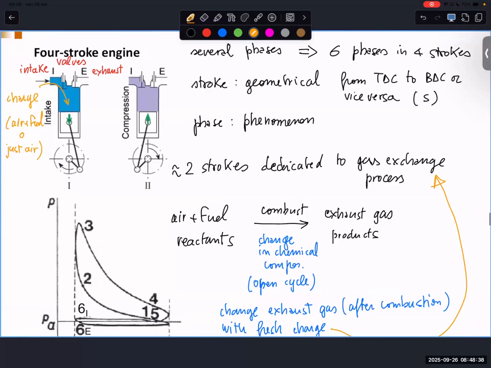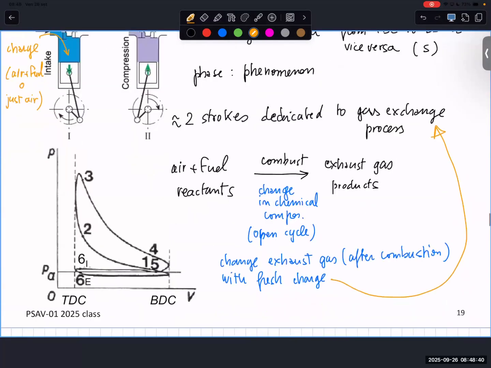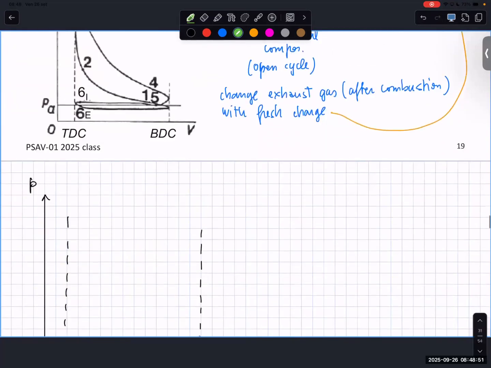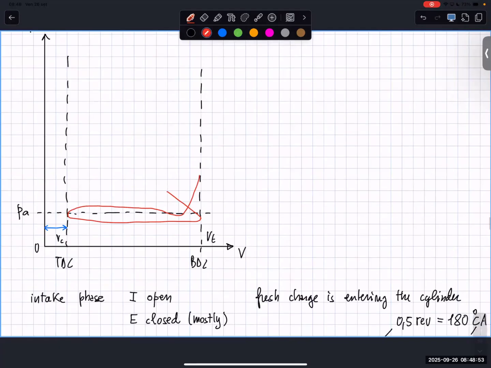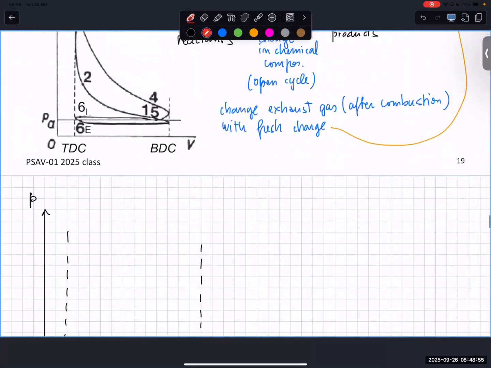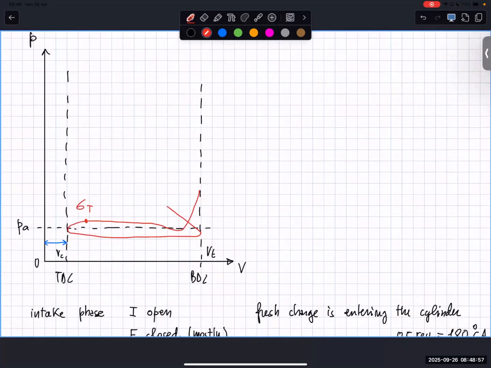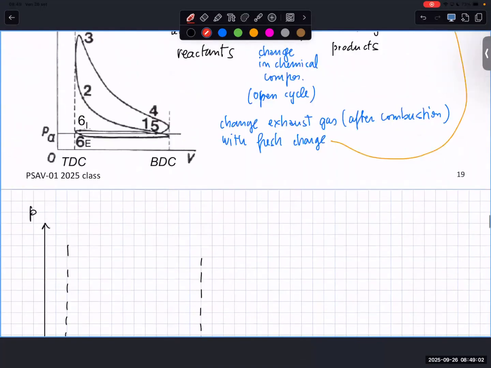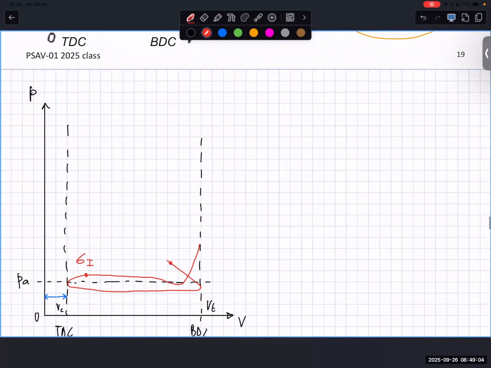This phase is what we have from the point 6i to 1. And also on this diagram, you can check that 6i is reported here. And 1 depends on the case, but can be roughly here.